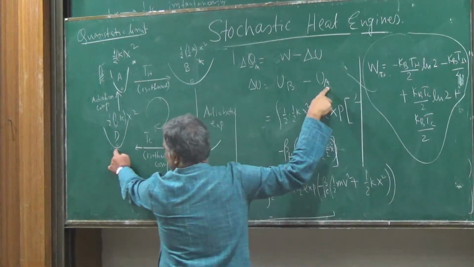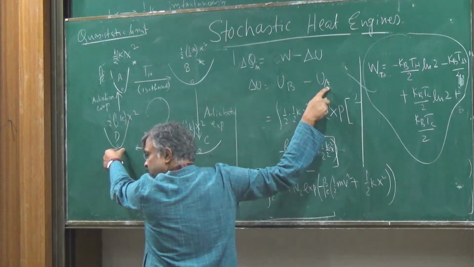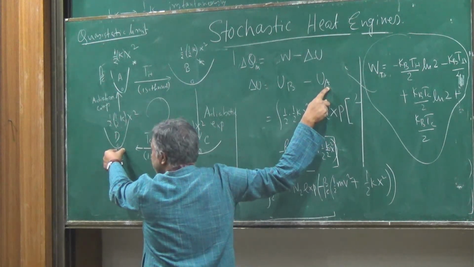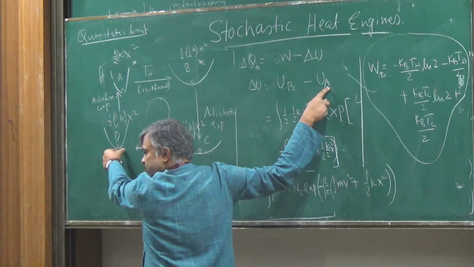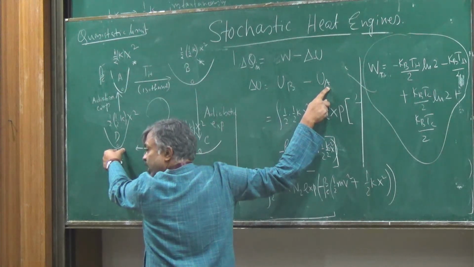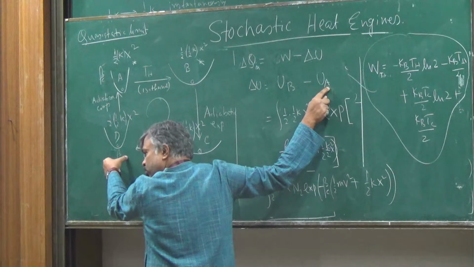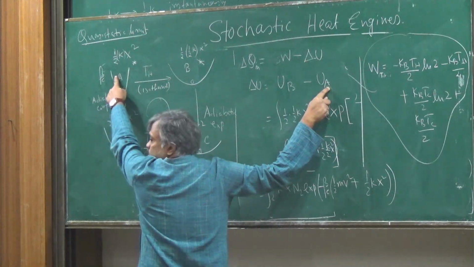At the end point of this, the distribution was with TC, with beta C. Then the system faces an instantaneous jump, which it didn't realize. So the distribution is still with beta C here.